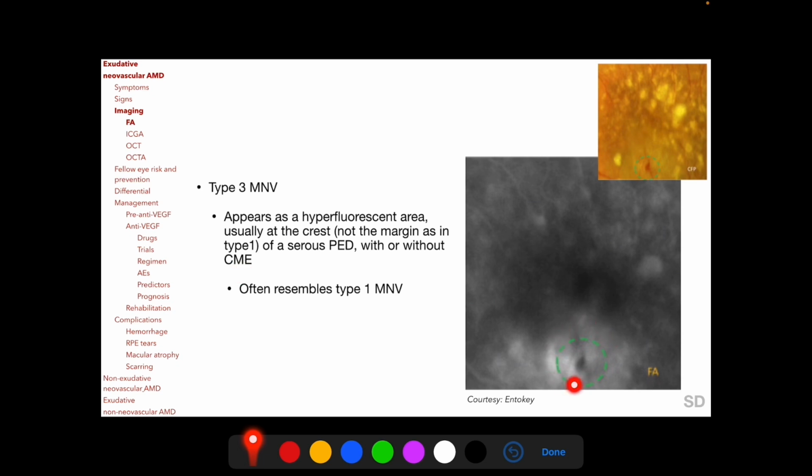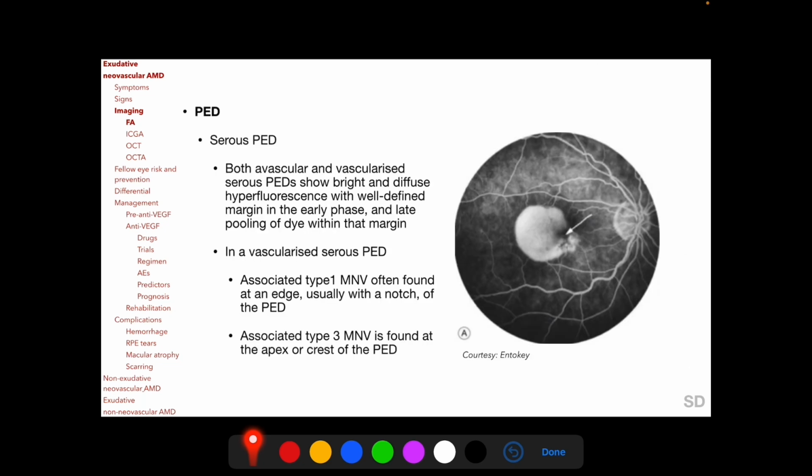In this photograph we see a hyperfluorescent area overlying a serous PED, with this hyperfluorescent spot representing block fluorescence from this intraretinal hemorrhage. We have already described the fluorescein angiographic appearance of the pigment epithelial detachment associated with an MNV, but we will describe it once more for clarity.